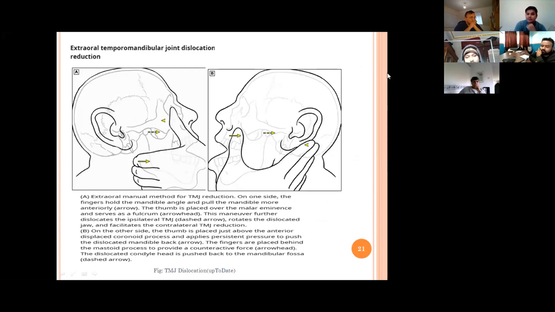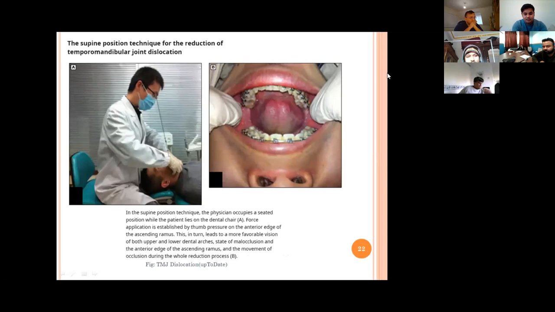So in this method, pressure is applied on the non-affected joint side, so that the affected or dislocated joint side comes back into place. So this is the figure demonstrating the technique. And this is the supine position technique for the reduction of temporomandibular joint dislocation.